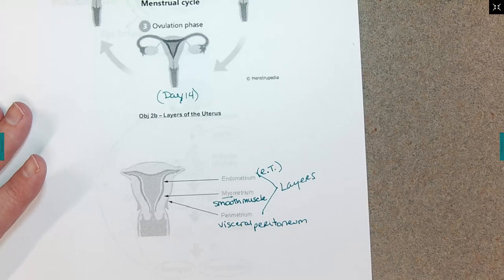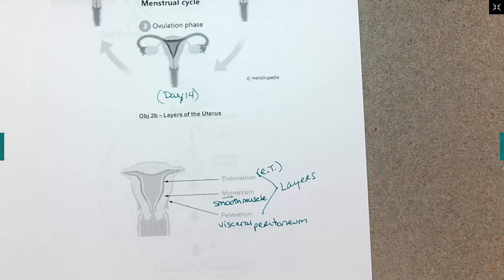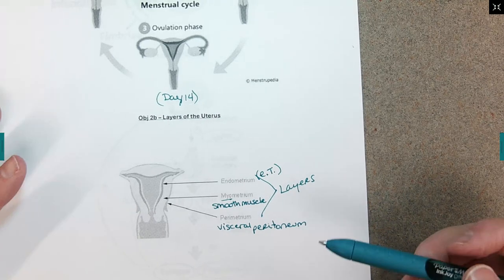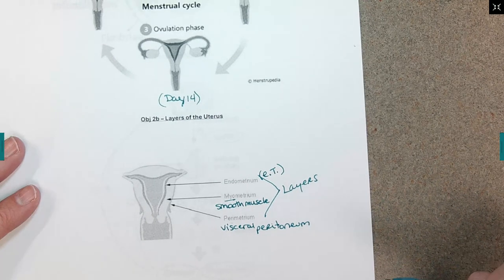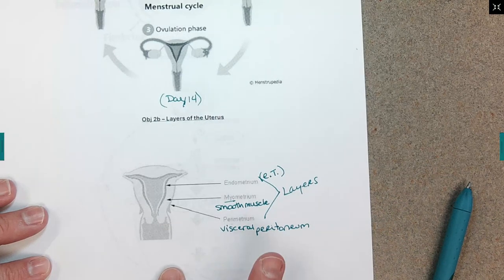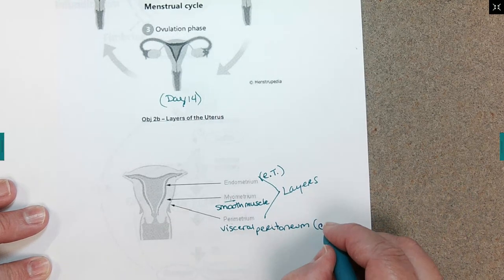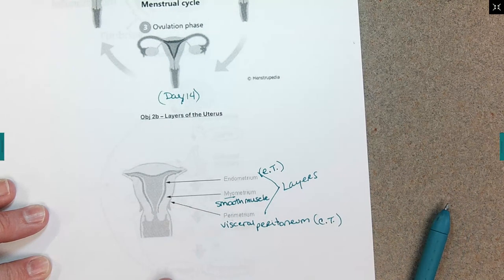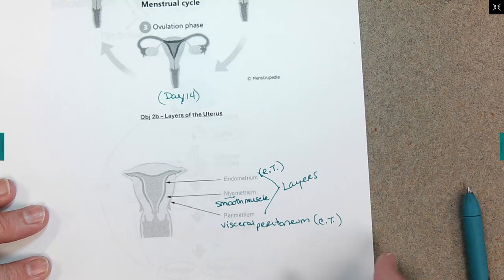Sorry, I had to spell that. Remember, that's that connective tissue layer, outermost connective tissue. Well, visceral is going to be on the organ side, sorry. So these are your 3 layers. Again, this is going to be connective tissue. These are going to be your 3 layers of the uterus.